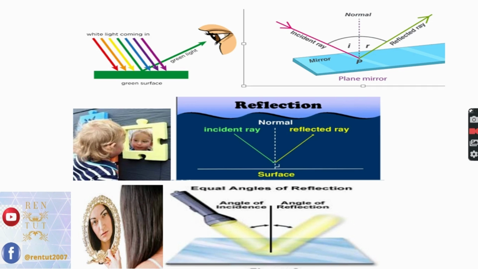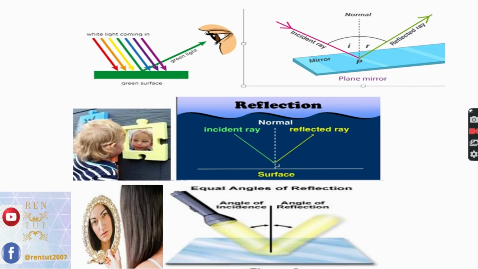Okay, that is, angle of incidence is equal to angle of reflection. If the angle of incidence is 30 degrees, the angle of reflection should also be 30 degrees itself.